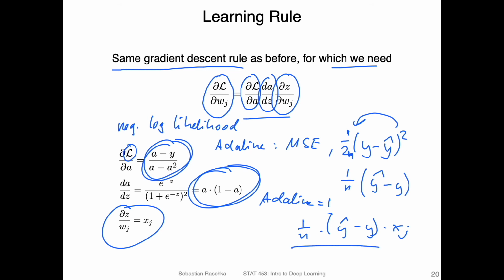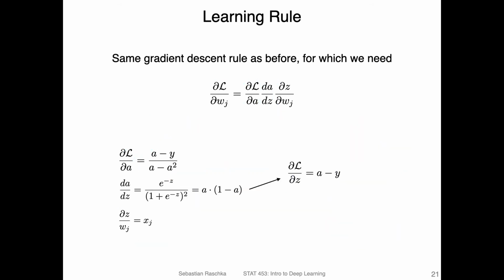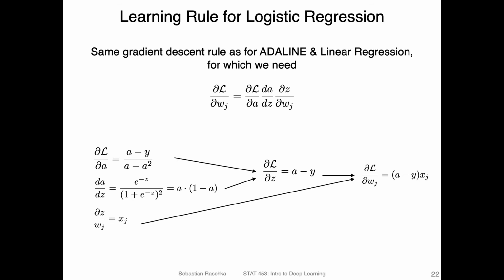For the logistic one, it may look more complicated because we now have this term and this term. However, there's something nice happening. We can actually simplify this. This part and this part, when we put them together, simplify to this one here. You can work out the math if you like, but it's a very simple derivative.